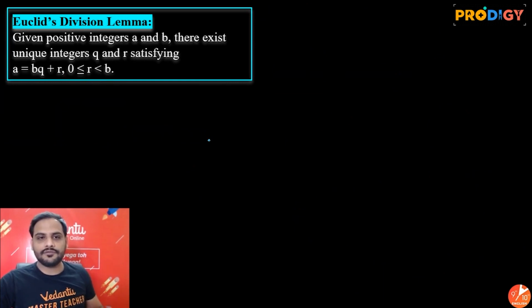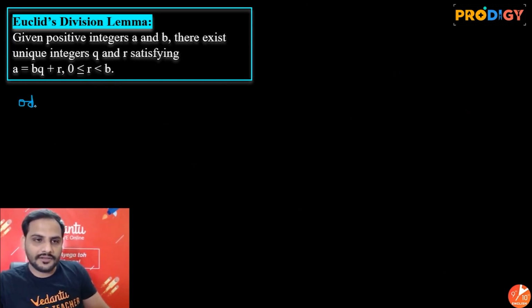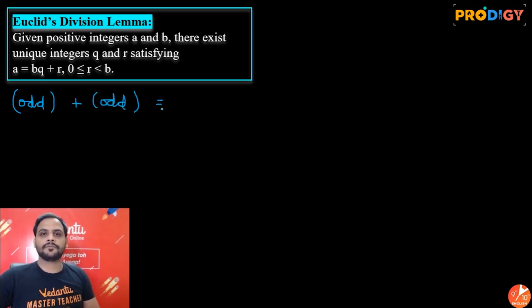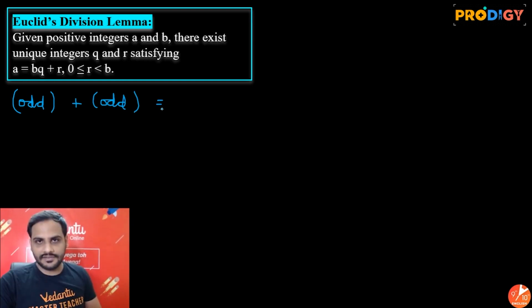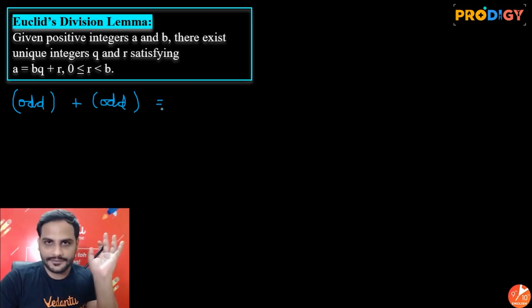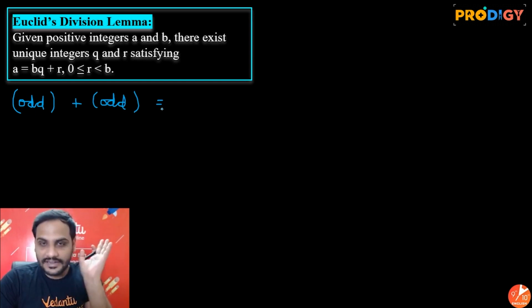Now suppose the question is, okay, tell me if I add one odd number plus another odd number, what will be my answer? Odd or even? Don't say, sir, I know sir, 5 plus 3 is 8. 8 is even, so answer is even. That is verification.